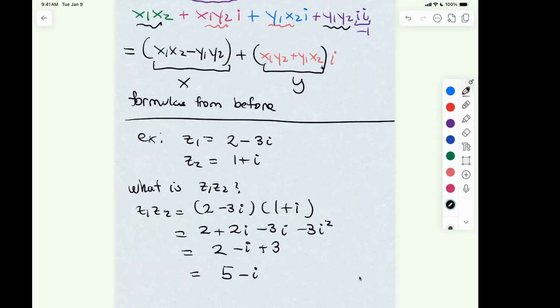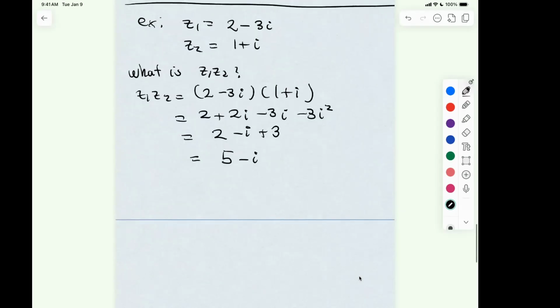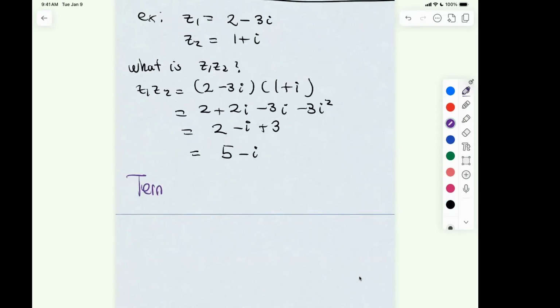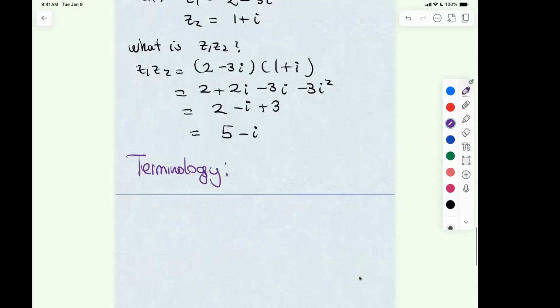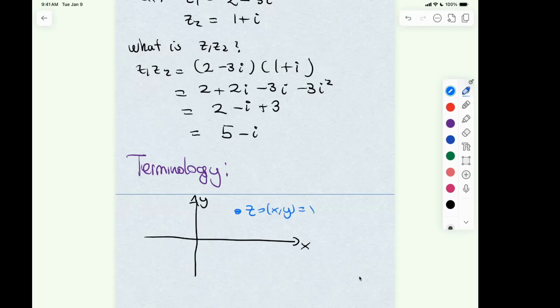Okay, so by the way, some extra terminology. If you have a complex number and you write it as x plus y times i, x is called the real part of the number.